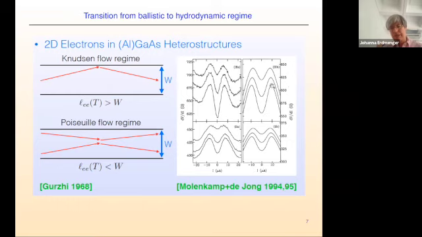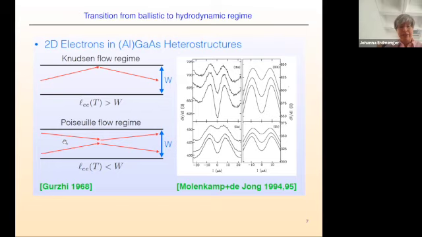But then at some point when the current becomes really big, the system moves to another regime, the so-called Poiseuille flow regime. Poiseuille is a famous French physicist from the 19th century who discussed hydrodynamic flows. Already then he found this regime, which now we realize in a quantum behavior.